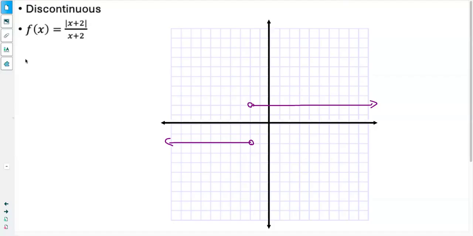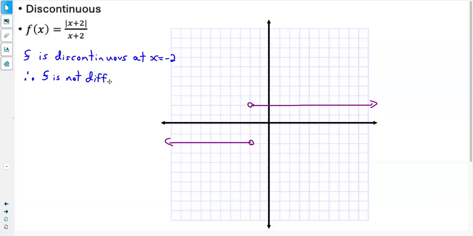So we can say f is discontinuous at x equals -2. Therefore, f is not differentiable at x equals -2.